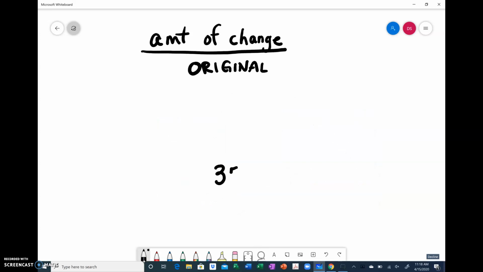Original, 35. The new amount is 91. So again, we have an increase. I need to find out how much of an increase, so I'm going to subtract. And that's going to give me 56.